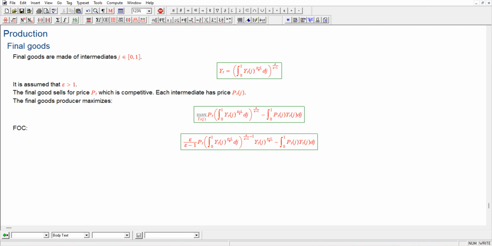So we will have to multiply everything by the exponent and also subtract 1 from the exponent. Now, if we differentiate this with respect to any particular y sub j, all we end up with is the price. And of course, at the optimum, all this has to equal 0.